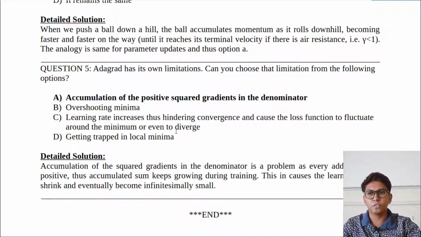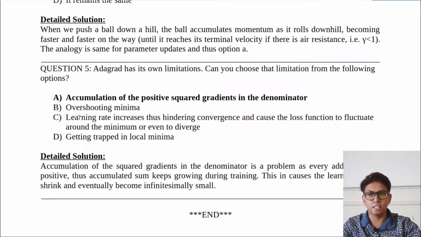The last and fifth question is, AdaGrad has its own limitation. Can you choose that limitation from the following options? Given options are: accumulation of positive squared gradients in the denominator. Option B is overshooting minima.